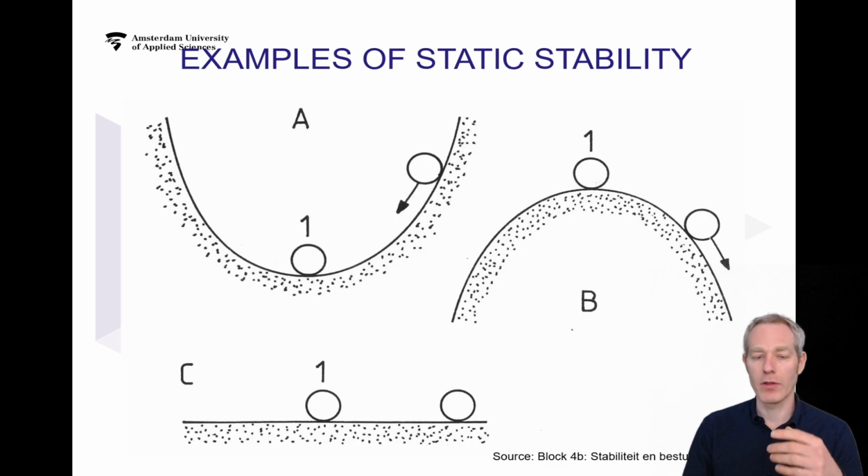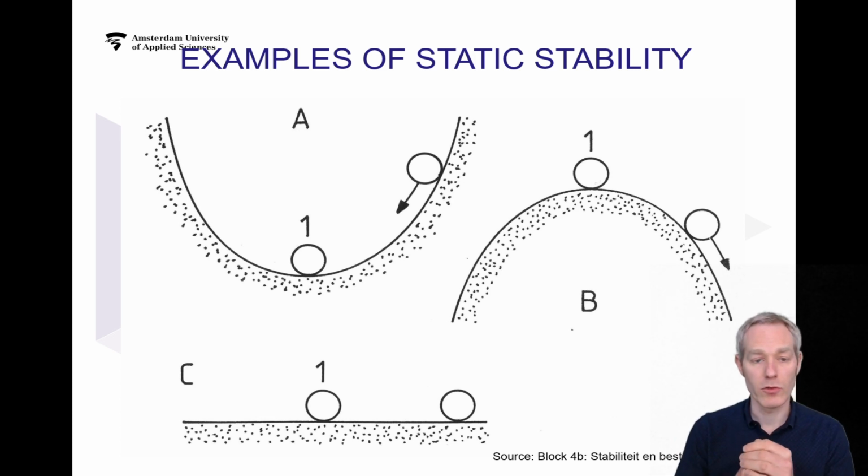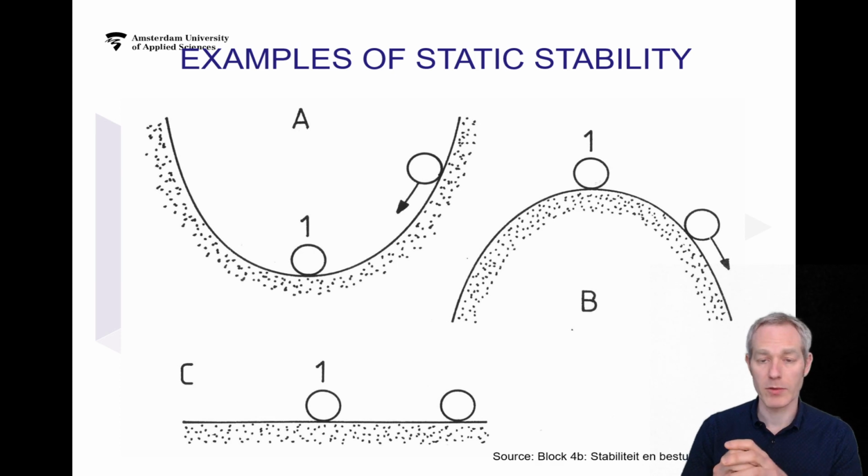And here we have the three classic examples of static stability, where we have a ball, and figure A, of course, is stable. If we perturb the ball at the point in the bottom, then the initial tendency of the ball will be to return to its equilibrium position at the bottom.